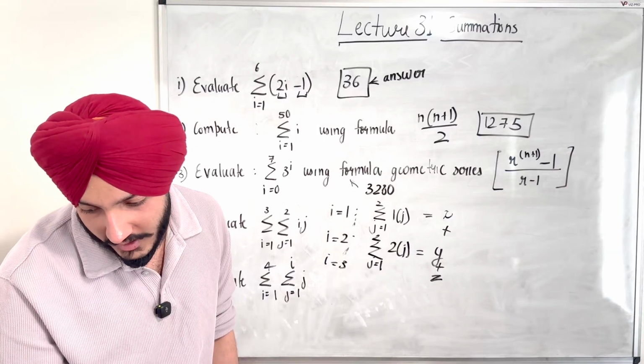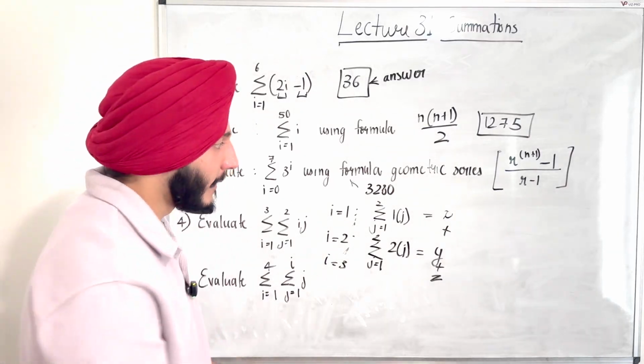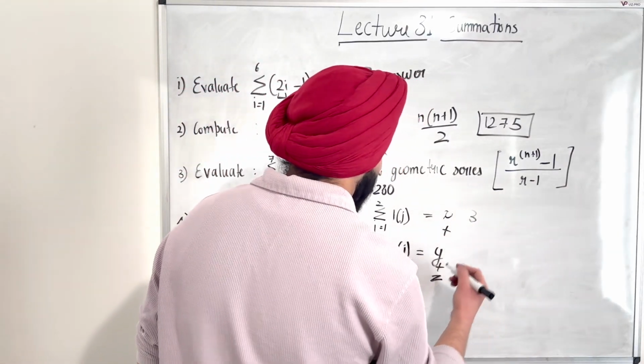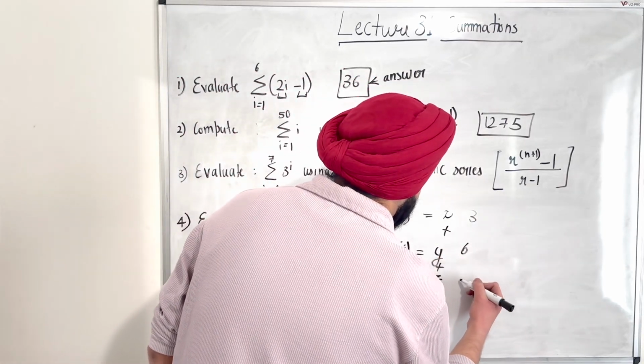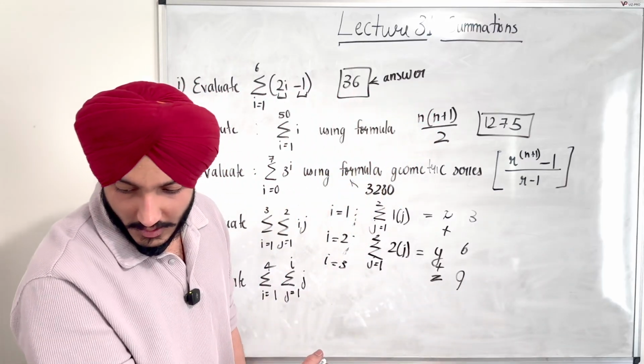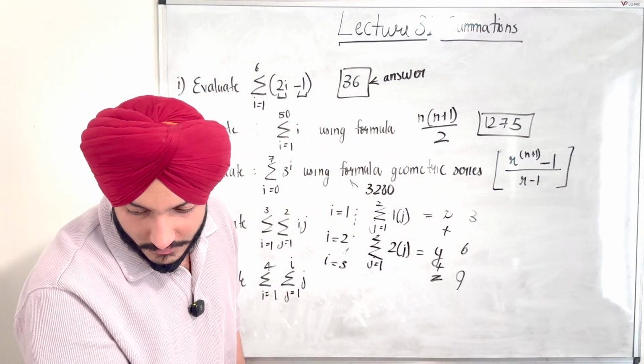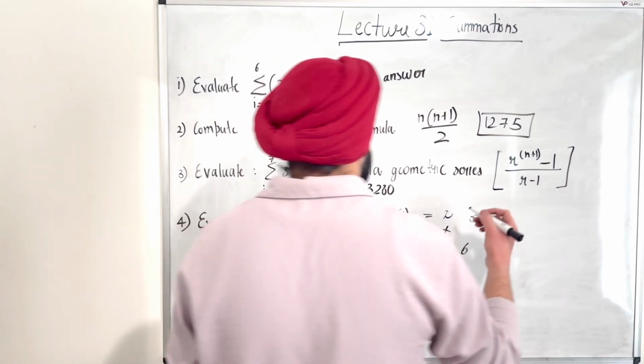So the final solution to this question would be: this x would be 3, plus y would be 6, plus z would be 9, and the equation would look something like this.